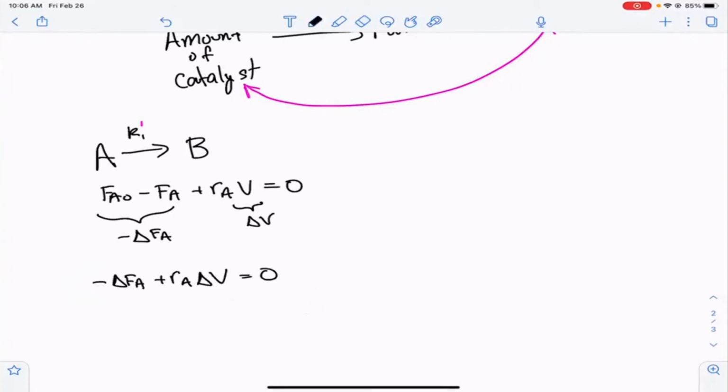Now, the volume, though, in a packed bed reactor, we just said a moment ago, doesn't matter. The thing that matters is the amount of weight of catalyst that we've encountered in passing through that volume. So we're going to define a new term called rho B, and we're going to define that as the mass of catalyst per volume.